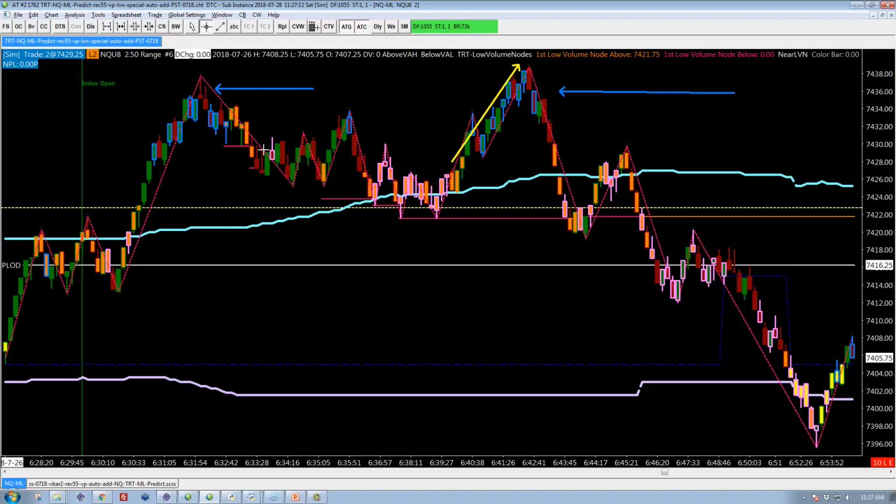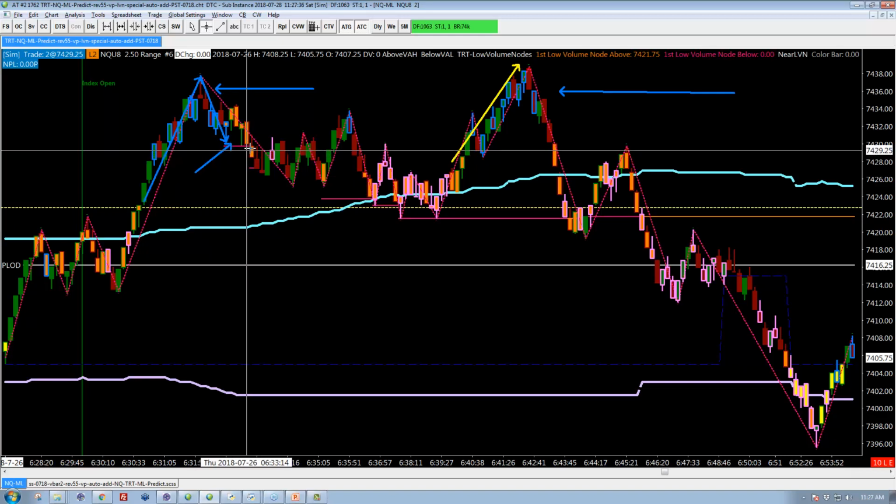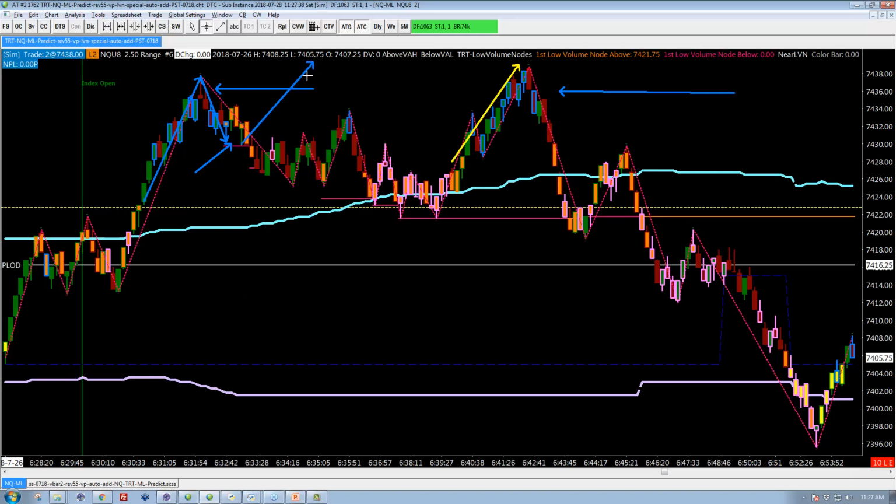Whereas here, we jumped up and then pulled back, and you can see right there, a low volume node gets created. So enough trading occurred up here that you now have a spot you can look at as a point from which to either look for that continuation higher, a very traditional thing to do, right?